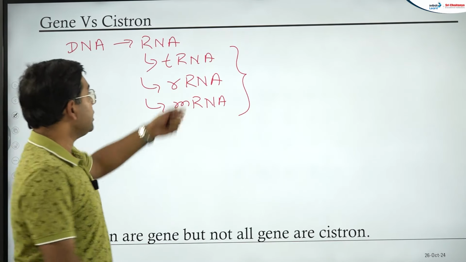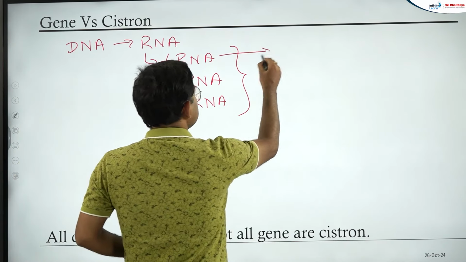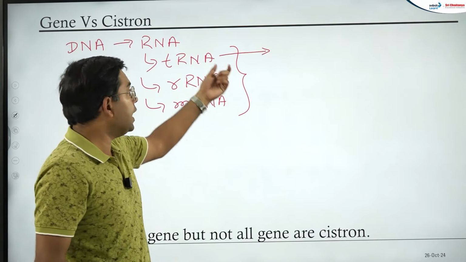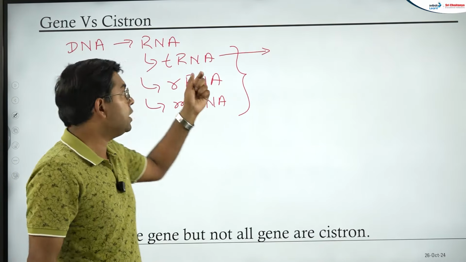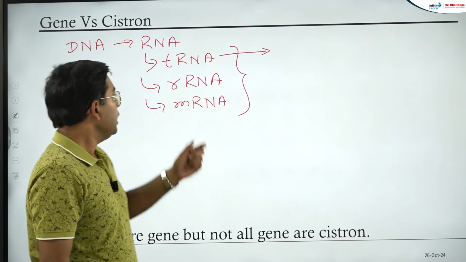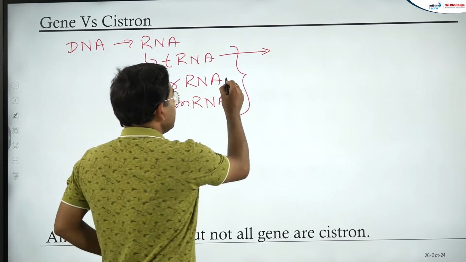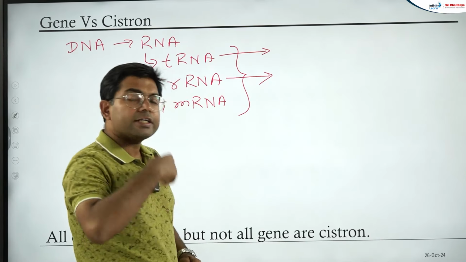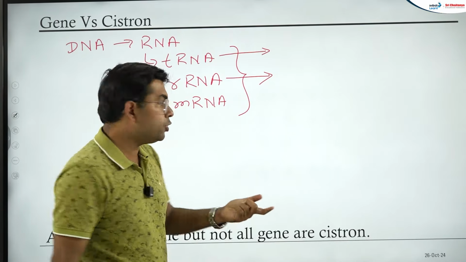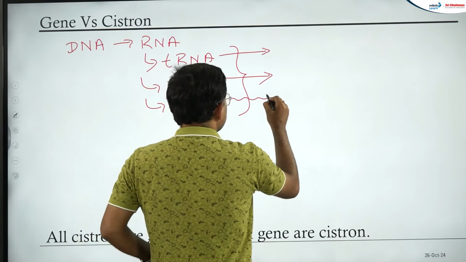Now, tRNA will help in protein synthesis, but it will not get translated into protein. Similarly, rRNA will not get translated into protein. What gets translated into protein is the mRNA.